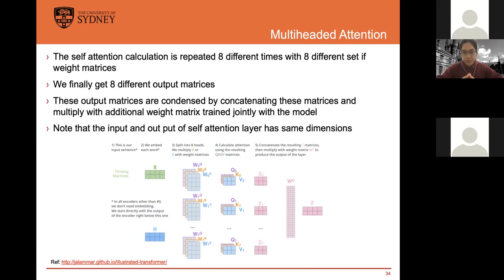In the paper, they have used 8 heads. I'll let you know what I mean by heads. The self-attention calculation is repeated 8 different times, with 8 different sets of weight matrices. Finally, you get 8 different output matrices. So whatever we were doing in the earlier slides, the self-attention layer, we're doing it 8 times. The reason is that you get more perspective for a single word in the sequence.